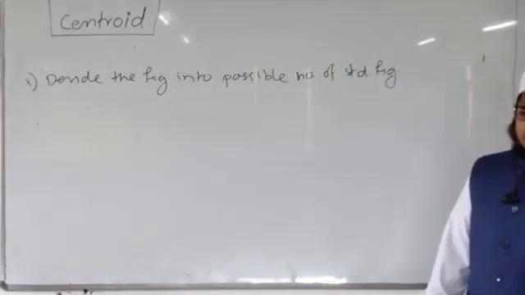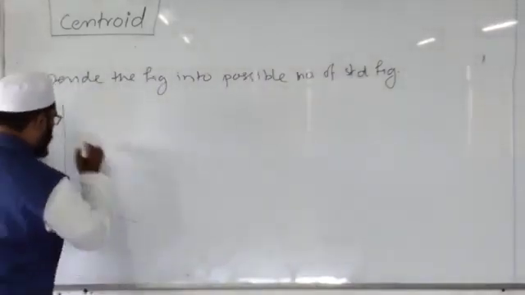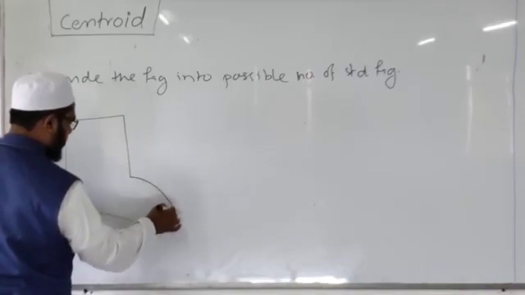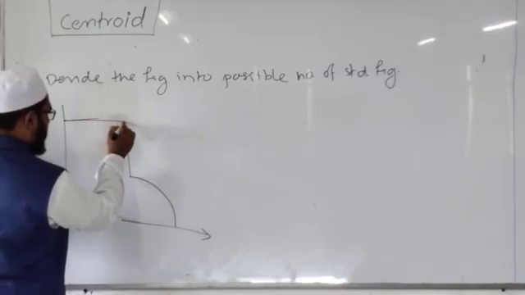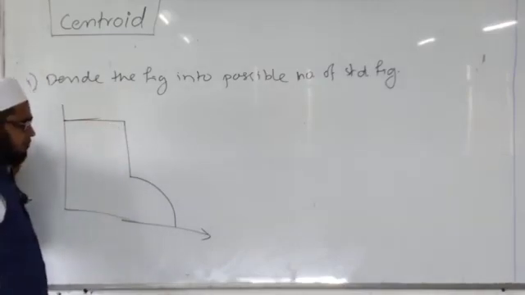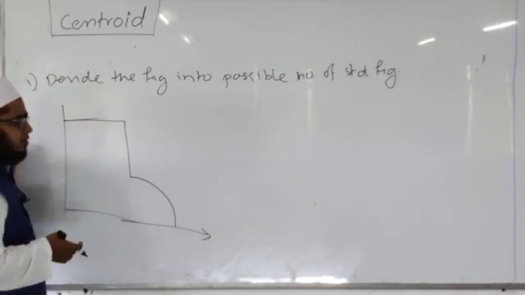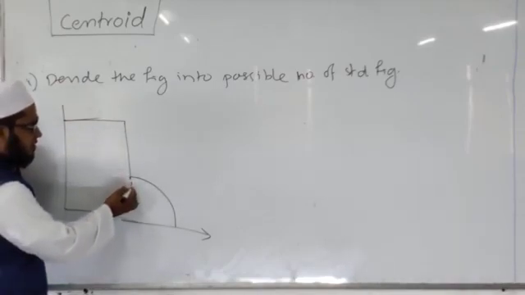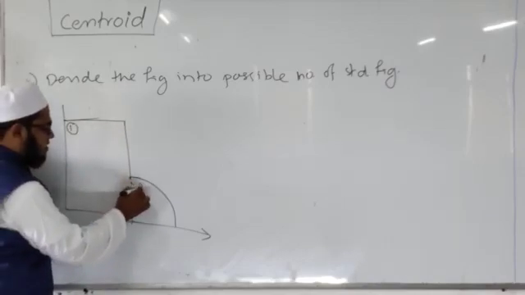For example, that is the figure. It is an irregular figure. Directly, I don't know what geometric center I need to find. So the first step is to divide the given figure into standard figures. Means I will divide this figure with dotted lines. The first is a rectangle and the second is a quadrant.